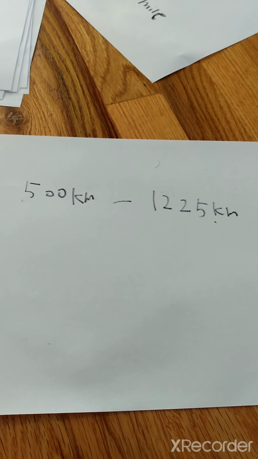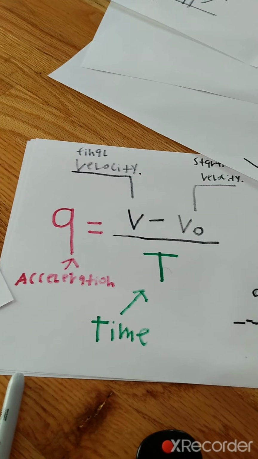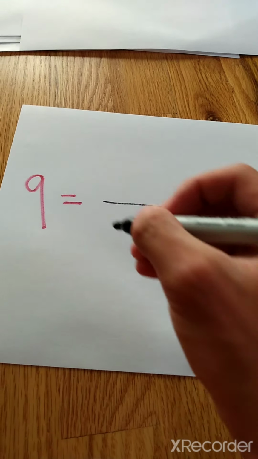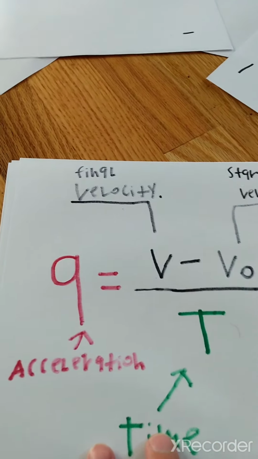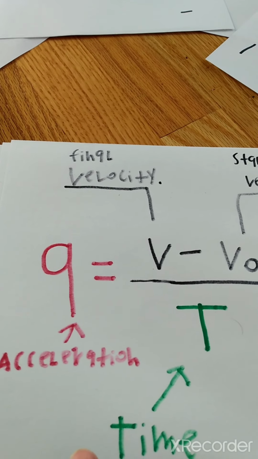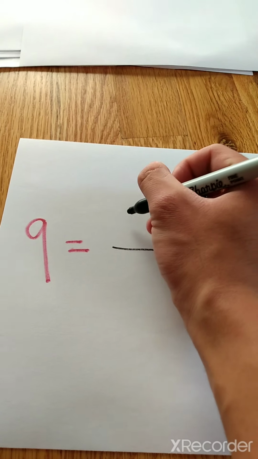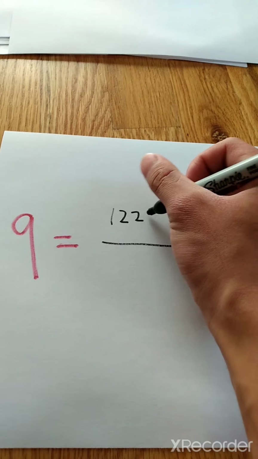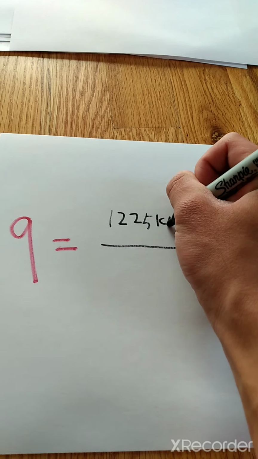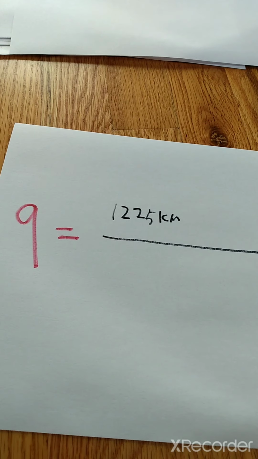Let's plug this into the formula. So we have acceleration equals, for the final velocity, v, that is Ultra Evolution speed. So it had to accelerate to 1,225 kilometers per hour.